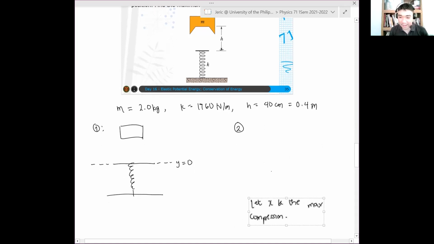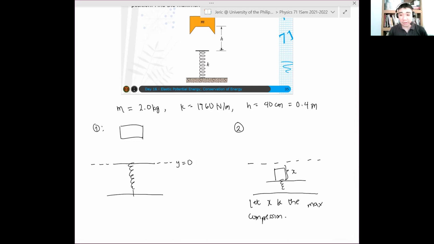There's a reason why I'm doing this. So this is the base. Okay, like that. Then this is the spring. Of course, it will compress by some x. Then there will be a height difference here of x. This is the original position of the platform. This is its final position. This is the box.